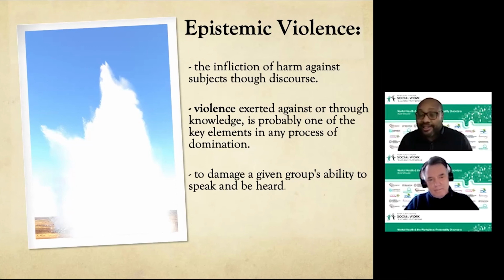So violence is exerted against or through knowledge, and it's probably one of the key elements of any process of domination. We might often think that when we say we need to disseminate knowledge or give people more knowledge, we're being benevolent or helpful, when that can also be interpreted as saying that they don't have any knowledge. And this damages a group's ability or a person's ability to be spoken or to be heard.